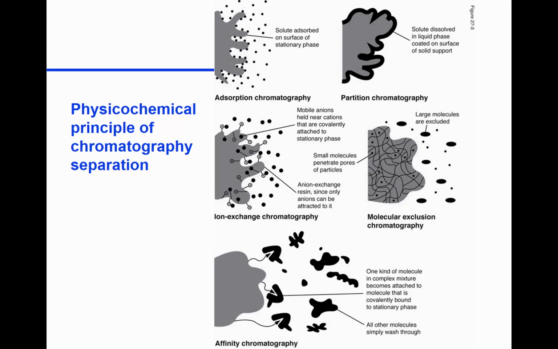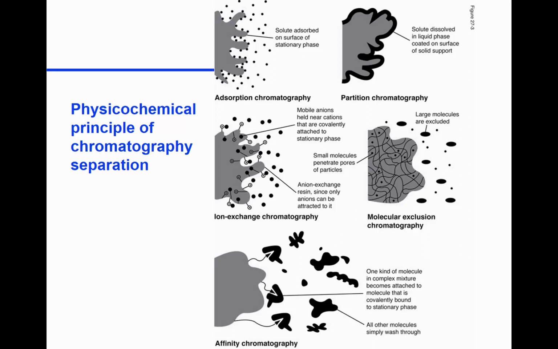All right, and then molecular exclusion chromatography, it's the same as size exclusion chromatography, or gel permeation. All these terms mean the same thing. Size exclusion or molecular exclusion chromatography is based on separation by size.